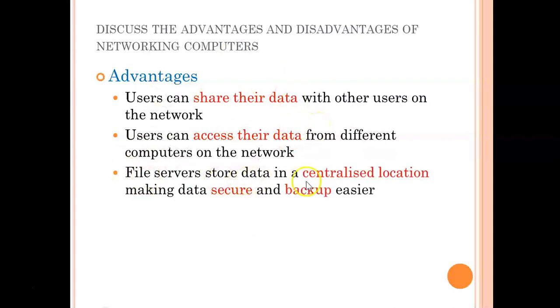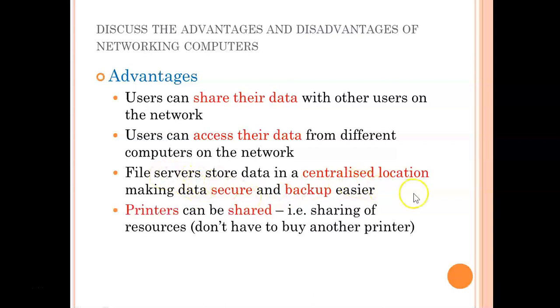File servers store data in a centralized location, making data secure and backup easier. So you get these computers which are dedicated to storing information for you, so you wouldn't really have to back up information and keep your data secure. If you have a file server, it tries to do that for you. Printers can be shared. So sharing of resources, you don't have to buy another printer.